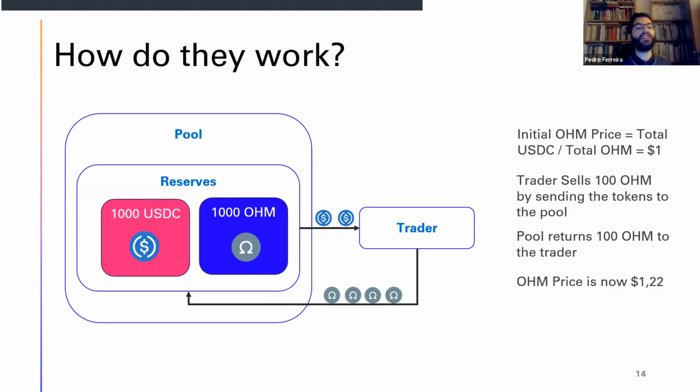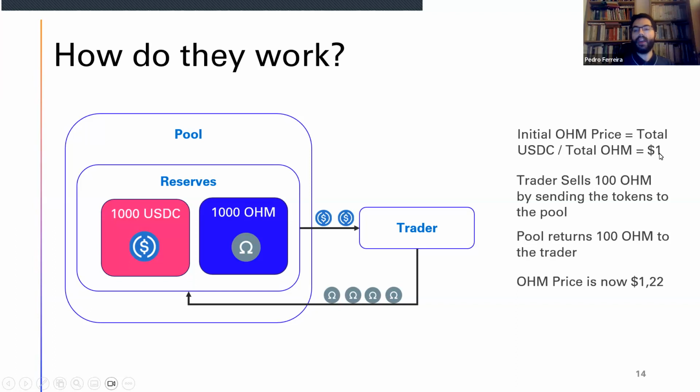But they would also do another thing, that was burning more tokens that are in the pool. In addition to these 100, they will burn more tokens that were in the pool in order to make the price the same. Because, as you know, the price is the total of USDC divided by the total of OAGM.